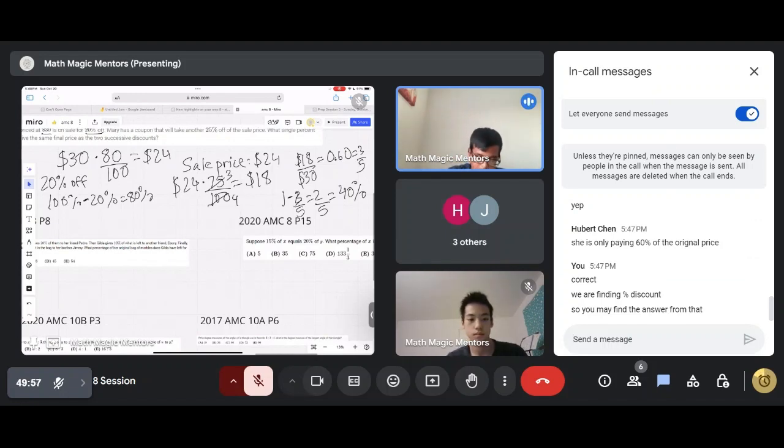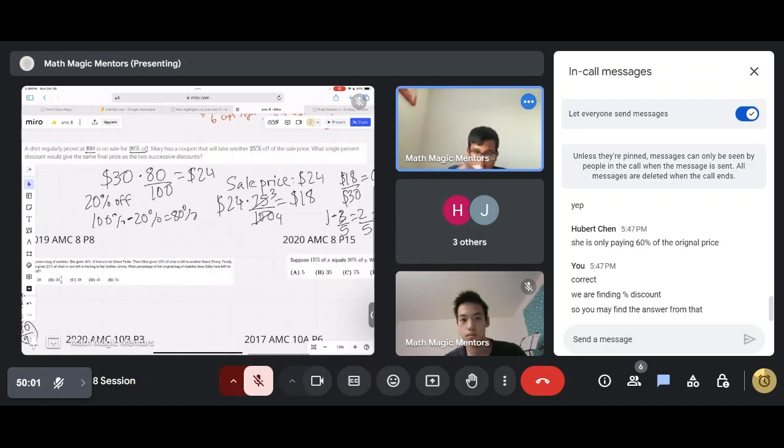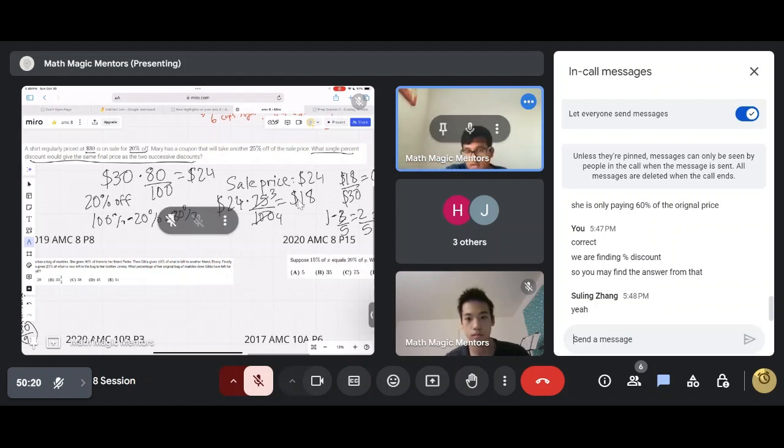Yeah, read the problem carefully, because a lot of the chats I'm seeing say $18, but the problem says what single percent discount would give the same final price as the two successive discounts. So it asks for a percent, not an amount of money. You would have to take the amount of money, see how much of the original amount it was, and then find the discount.